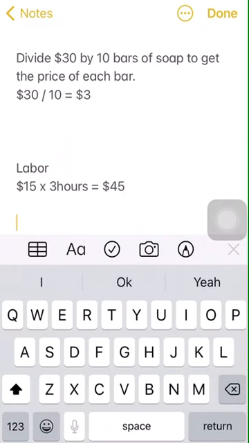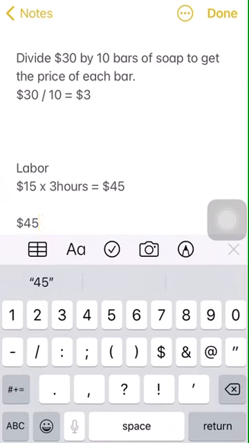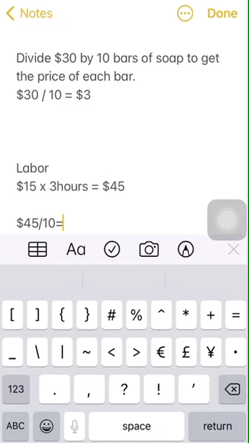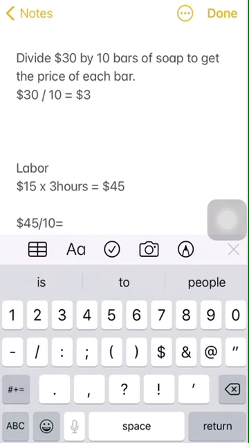So the 45 divided by 10 bars of soap will be equal to $4.5.